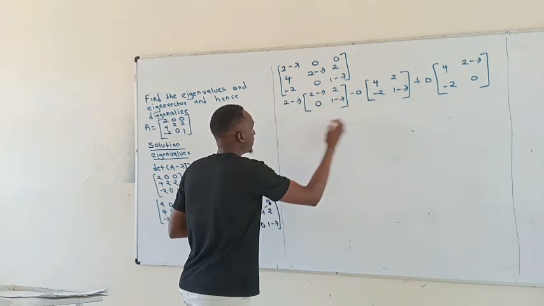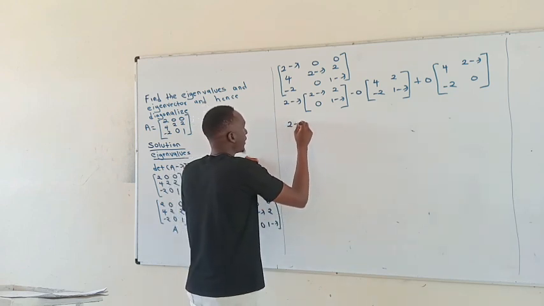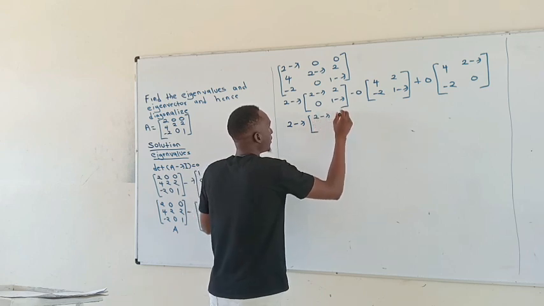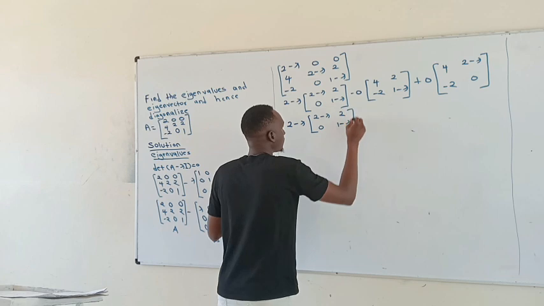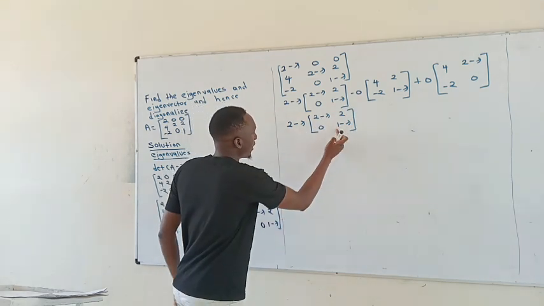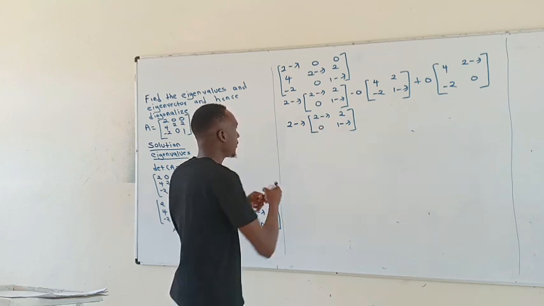So let's focus on this. We have 2 minus lambda into the determinant of 2 minus lambda, 2, 0, 1 minus lambda. Now we have 2 minus lambda times 1 minus lambda minus 2 times 0, which is 0.